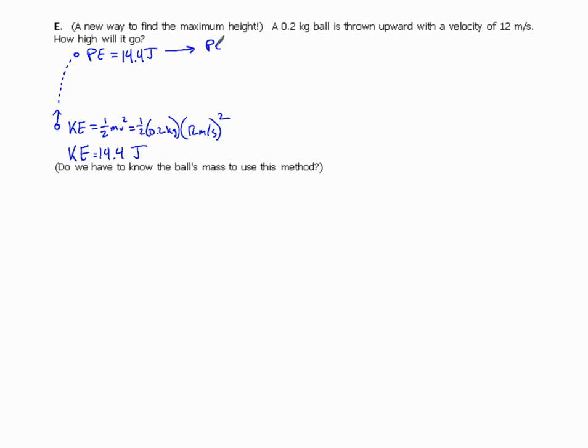So using our formula, potential energy is mass times the acceleration of gravity times the height. We know the potential energy. We know the mass. We know the acceleration due to gravity. We're looking for h. And so what we have is 14.4 over 2. H, the height, is 7.2 meters.